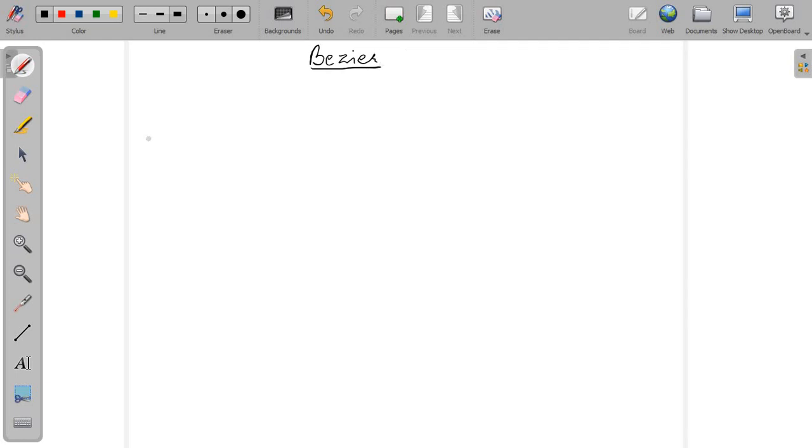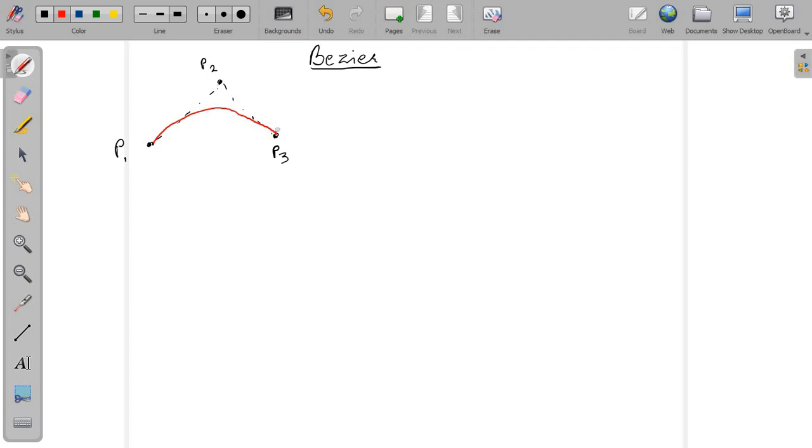Now in a bezier curve, if we have three control points P1, P2, P3. All right. So when we draw a curve, we will have a curve somewhat like this.